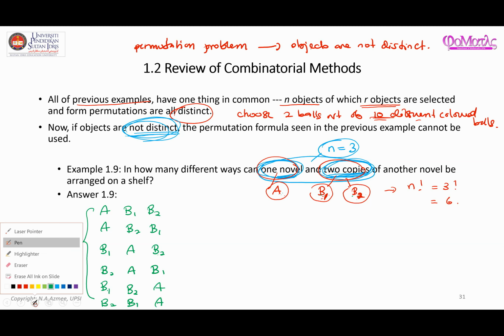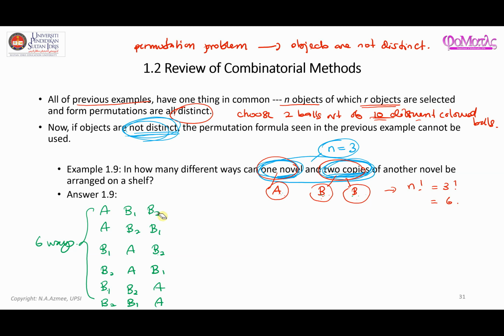Now in reality, what we have here is something that is not distinctive, because really they are the same title. What if we erase the subscript here?